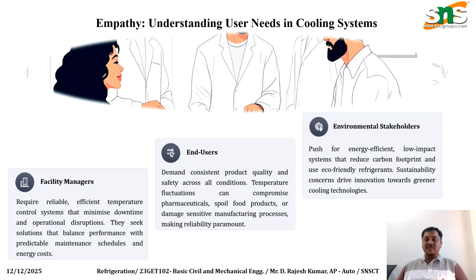We emit more carbons, the air is in poor quality nowadays, and humans may have breathing issues. These are the things we should consider while we design a refrigeration system. It should be sustainable. We should consider the future, and according to that we have to design the system. So this is the empathy part of the cooling system.